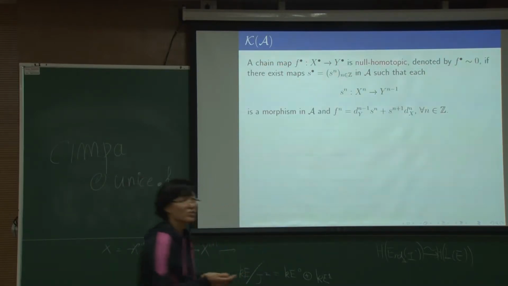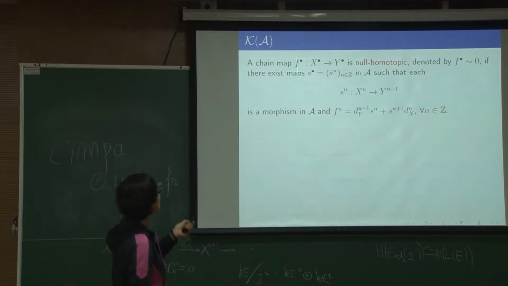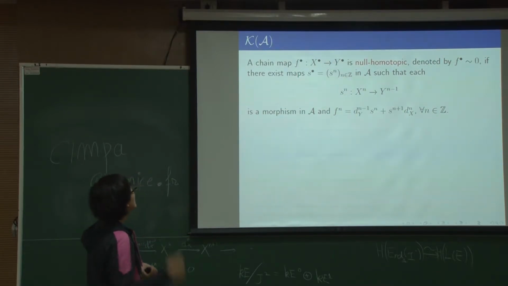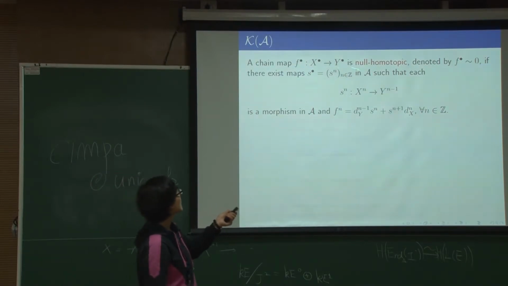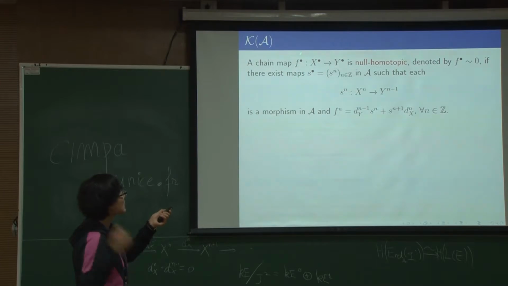Then now we can introduce the homotopy category K(A). Here, A is still the additive category. So now we need to introduce the concept of a null-homotopic chain map. Suppose F is a chain map.